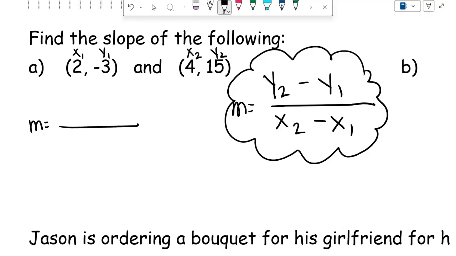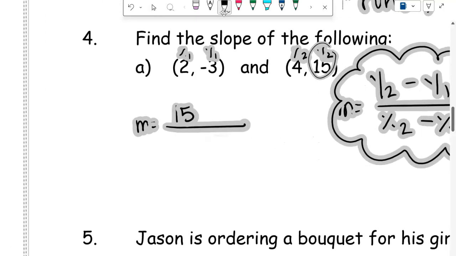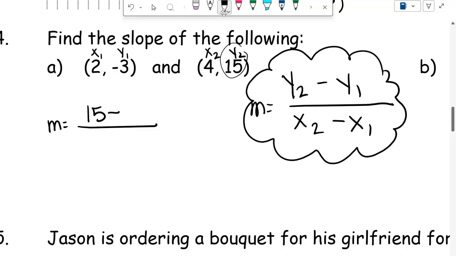Our y2 value is 15, so we'd say 15. In the formula, it's minus, so we subtract our y1 value, which is -3. Our denominator, x2 is 4. We subtract, because that's what is in the formula, our x1 value, which is 2.